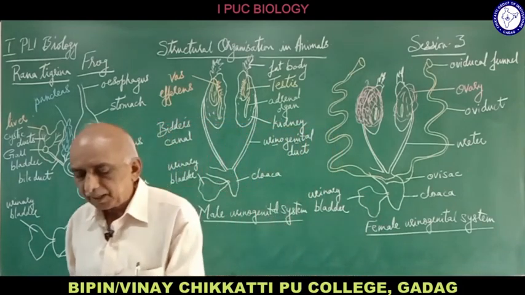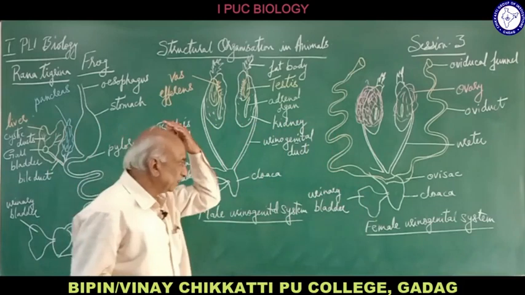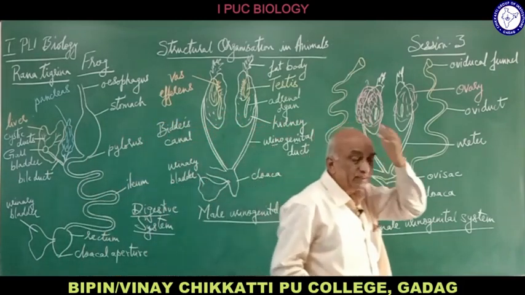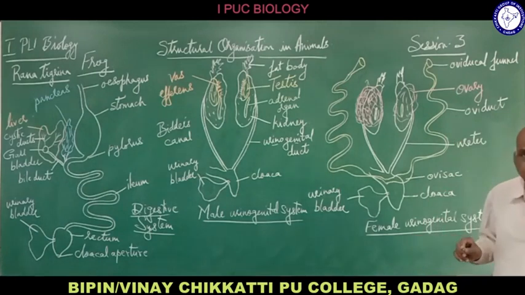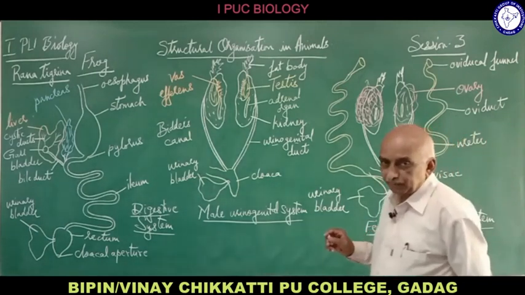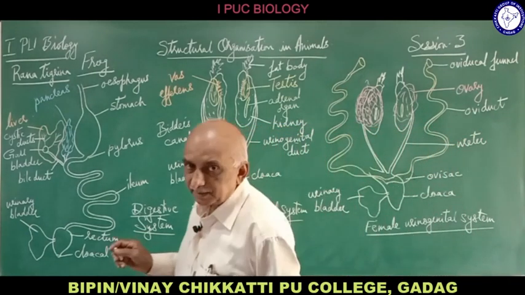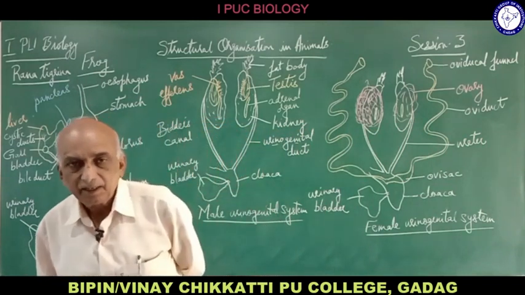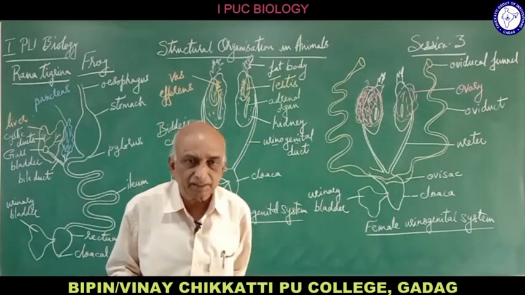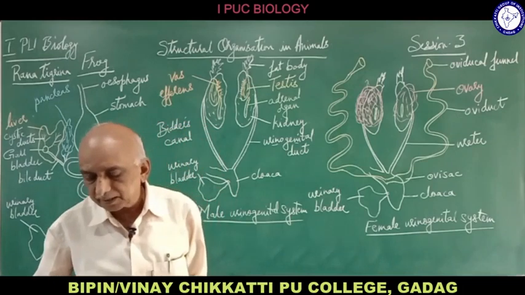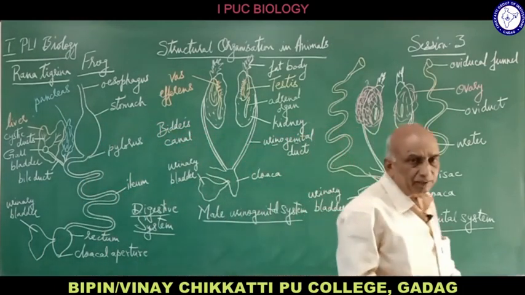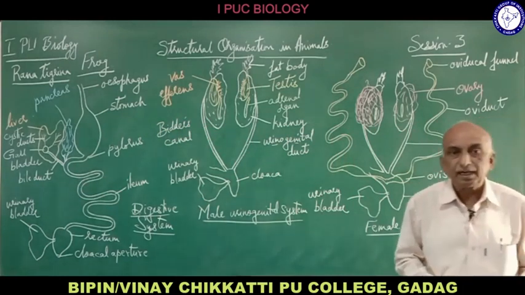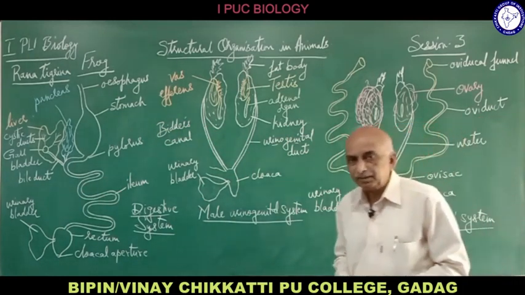And after fertilization, what happens? The zygote which is formed starts dividing by a process called cleavage, that is mitosis. It forms a multicellular structure, which develops into a structure called the tadpole, the embryo stage of the frog.